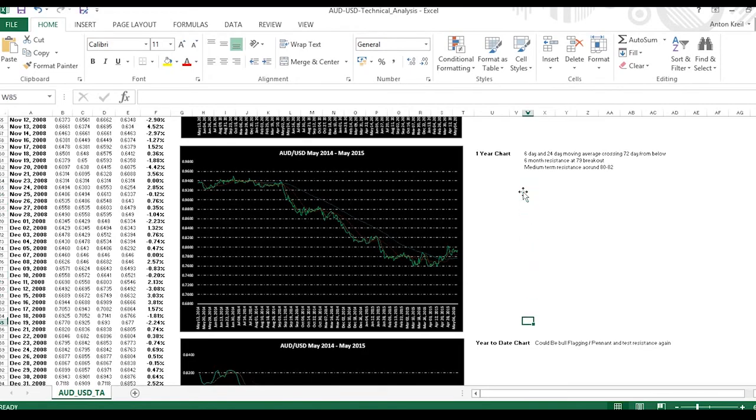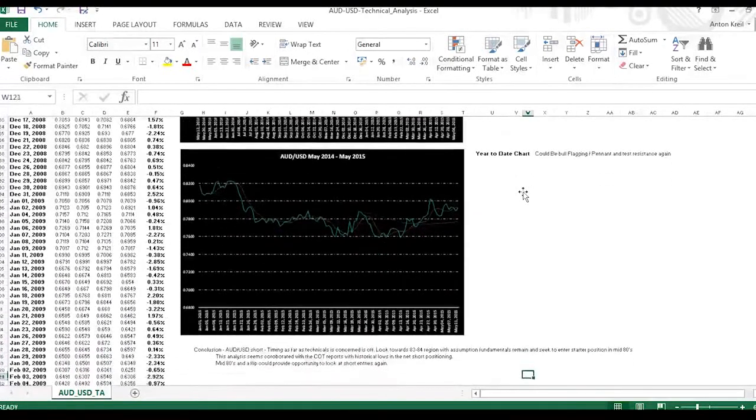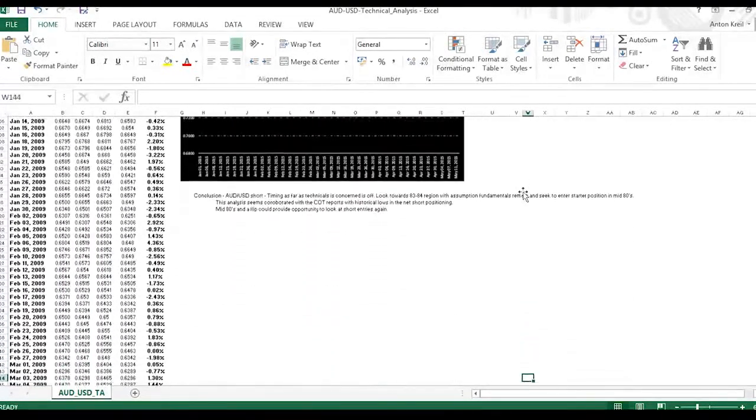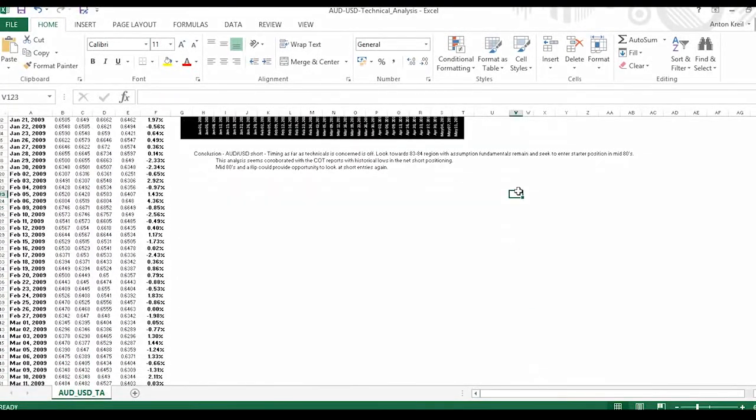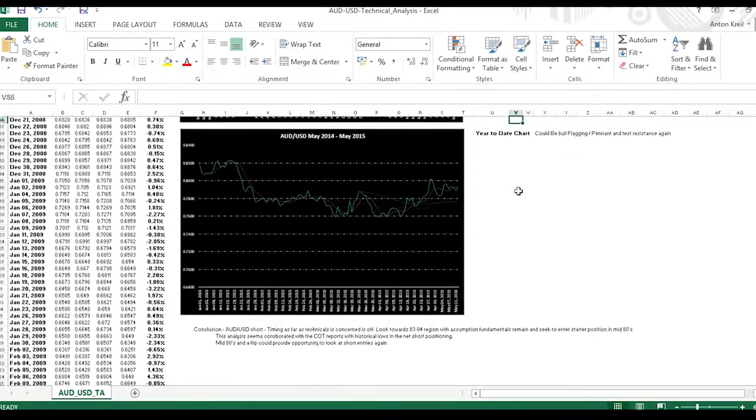So if we scroll down now and just zoom in a little bit from the 1-year chart to the year-to-date chart, you'll see that we have a standard continuation pattern that we were looking at earlier, potentially of a bull flag.